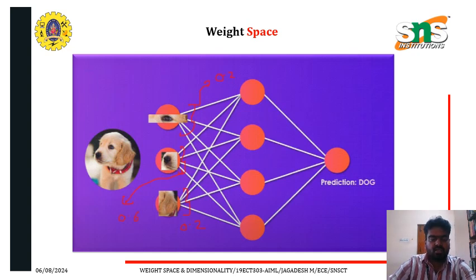This dog has some unique, slightly different nose compared to the other dogs, so we are giving 0.6 weight for the nose alone. Altogether, when you sum all the values 0.2, 0.6, 0.2, the final value will be 1. So the weight space value will be 1. But you have to give the value according to which part of the image is given a higher weightage.